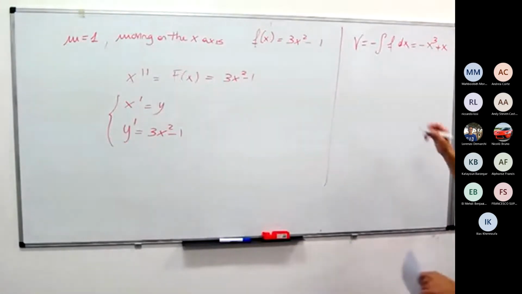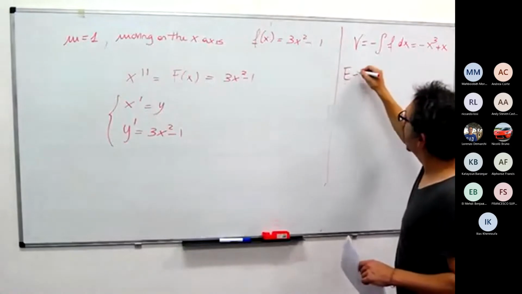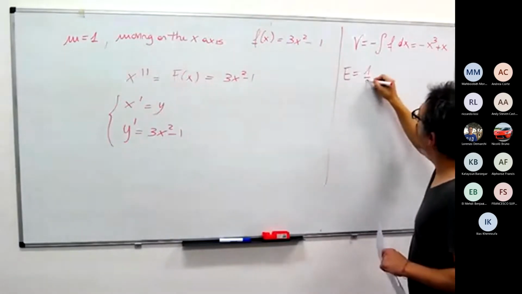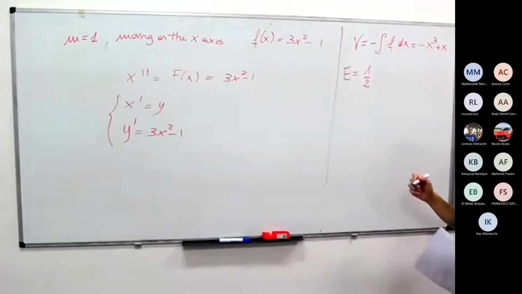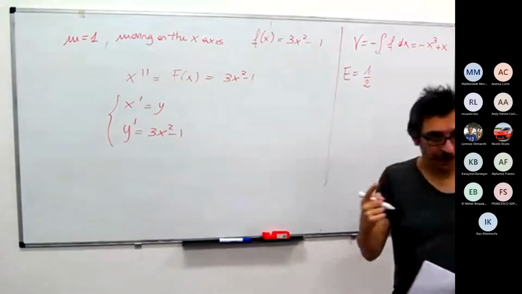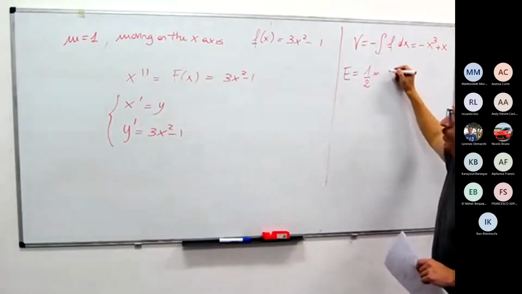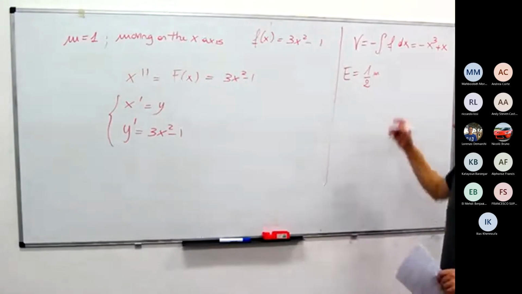Then since the force is conservative, I can apply the energy conservation principle. So the energy is going to be equal to the kinetic energy of the system, which is 1/2 times m, which is 1, times the velocity squared.